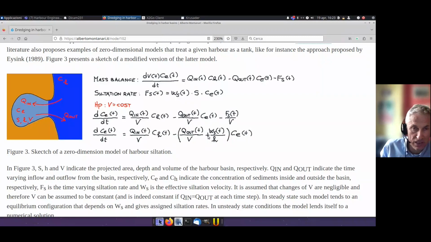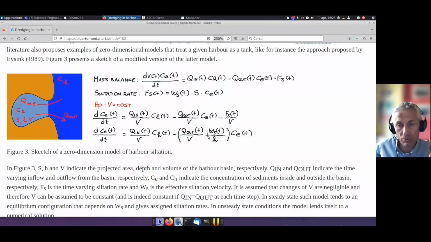We may assume that the outside concentration CH is constant, and then we can integrate this equation numerically, provided that we know Q in, Q out, and the outside concentration, and we also need to fix the siltation velocity, which may be constant if you wish. And we need to define the volume, which, as I said, we can assume constant. We need also to know the depth H of the basin.